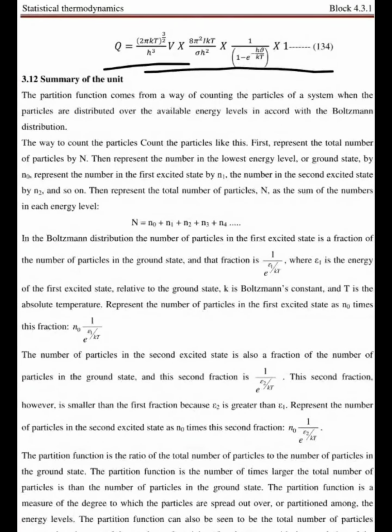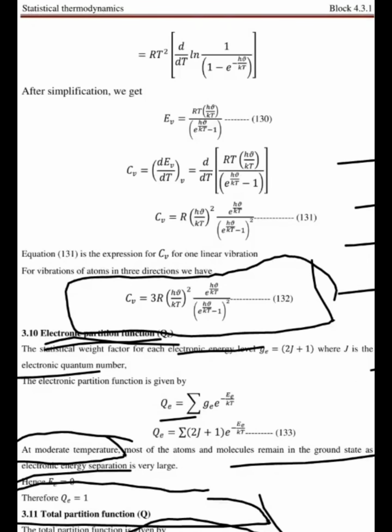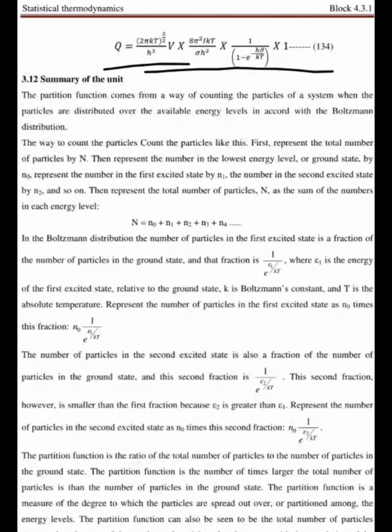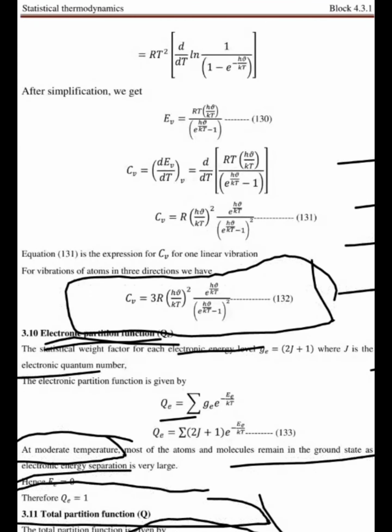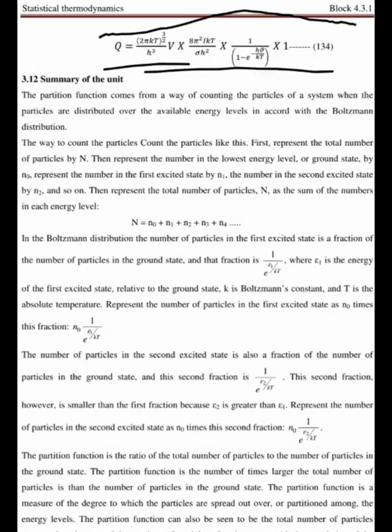Q is equal to, you take for the translational energy, that is 2 pi m kT divided by h squared to the power of 3 by 2 into V. That is for Q translational, and the remaining Q rotational, Q vibrational and Q electronic. That is equation 134, the equation for the total partition function.